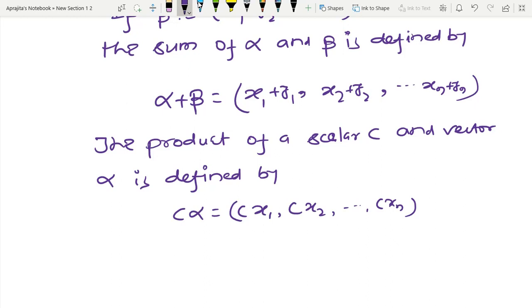Now I have to check that all properties of vector addition and scalar multiplication of the vector space are satisfied, and it is not difficult to check that these properties are obvious.